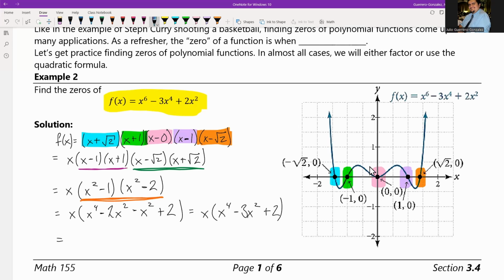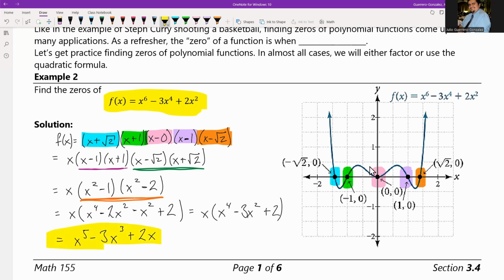This final x that's up front, the one that was coming along for the ride this whole time, I'm actually going to distribute in. And I get this: x to the 5th minus 3x to the 3rd plus 2x. We simplified it all out.